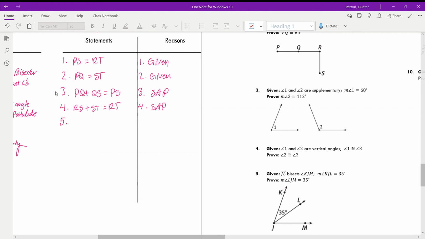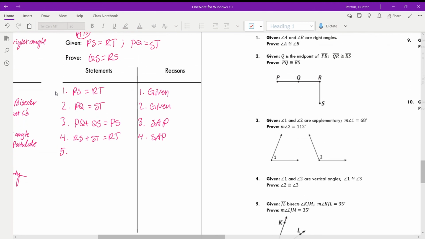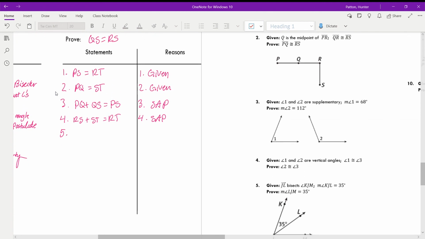Let's substitute into number 3 first. My goal here is to get some transitive property action going. I want RS and QS to be equal to each other. So I'm going to take these two statements and plug them into this one.